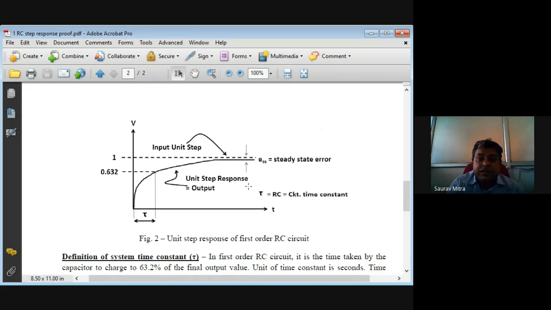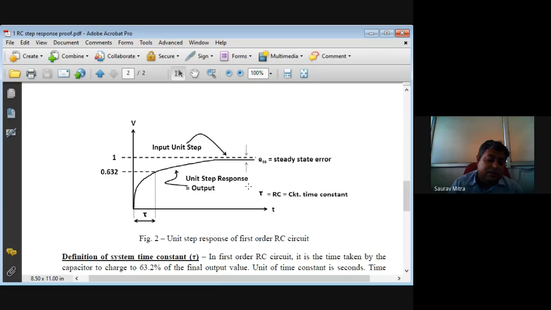In the next class, we will see a lot about steady state error and how to calculate it. Steady state error is nothing but, whenever the system response in the time domain reaches the steady state, the difference between the input and the maximum output at that time. So the input given to the system is 1 volt. It is expected that the system will reach that 1 volt after a long time.